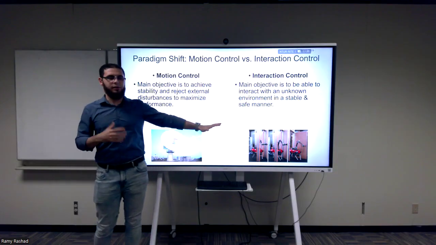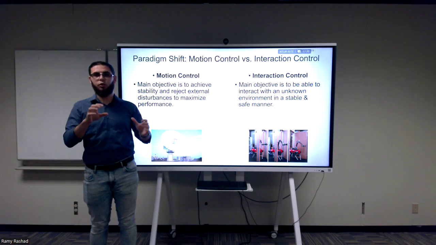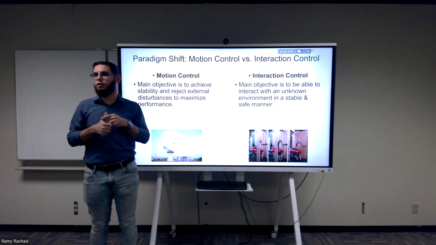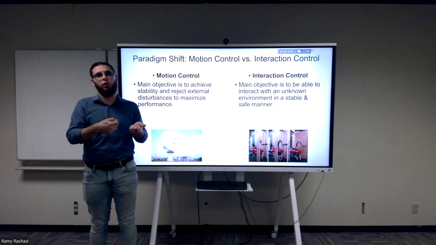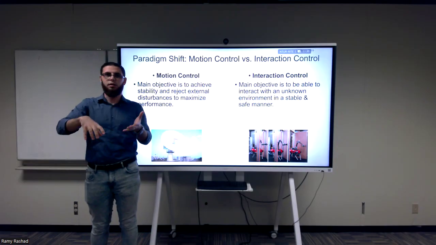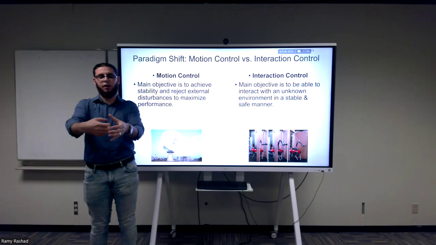But when we're dealing with interaction of robotic systems, we want the robot to be able to interact with an unknown environment. This is very important. The environment we're interacting with is unknown. And unknown doesn't mean that the robot doesn't know what it's dealing with. That usually happens, okay? You can do stuff with your eyes closed.